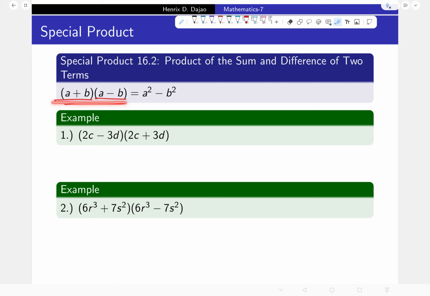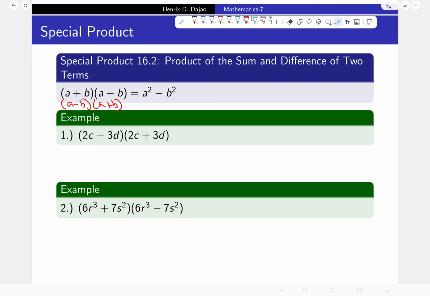If this is the form of the factors, the answer will always be a squared minus b squared. So you're going to square the a and square the b. Okay, if this is the form, a minus b, a plus b, or we can actually write a minus b first and then a plus b.